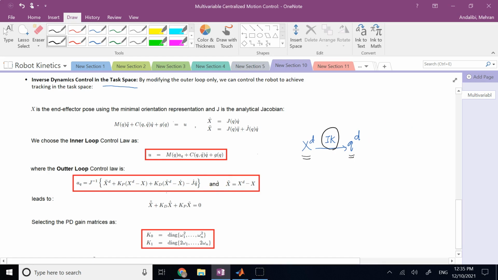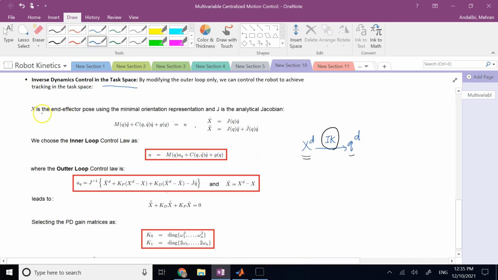But this one needs extra computation of inverse kinematics, or the way I'm going to show you, you need the calculation of the time derivative of the Jacobian. Either way you do it, you need some extra computation, but it's not really that hard. So what do we do here?